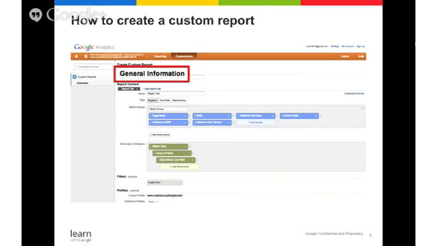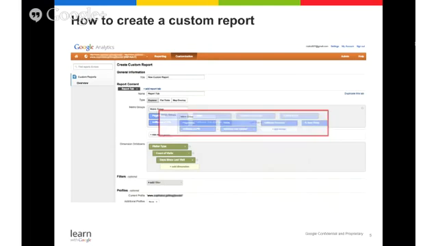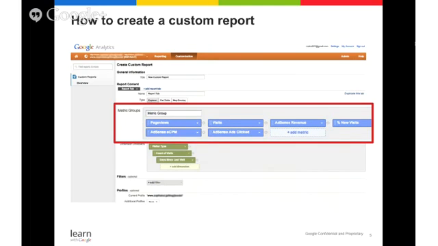Next, in the Report Content section, you'll enter your metrics groups. For example, you can select page views, AdSense ads clicked, or eCPM. The options you see on this slide are fundamental elements of a custom report and are a great option to look at, especially if you're just starting out with Google Analytics.